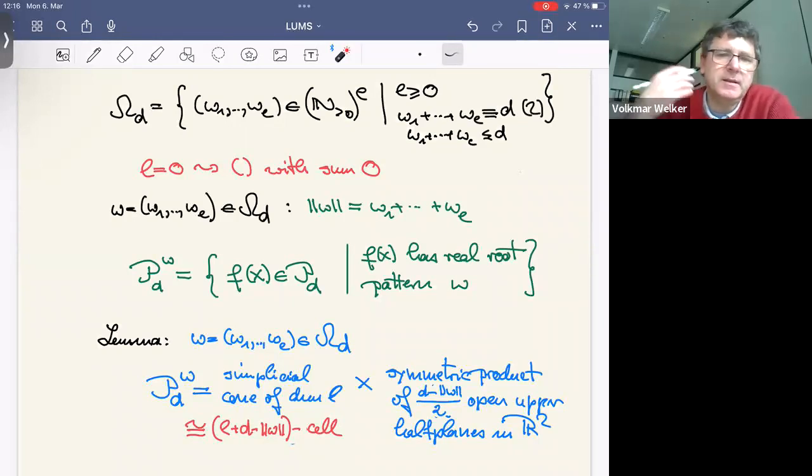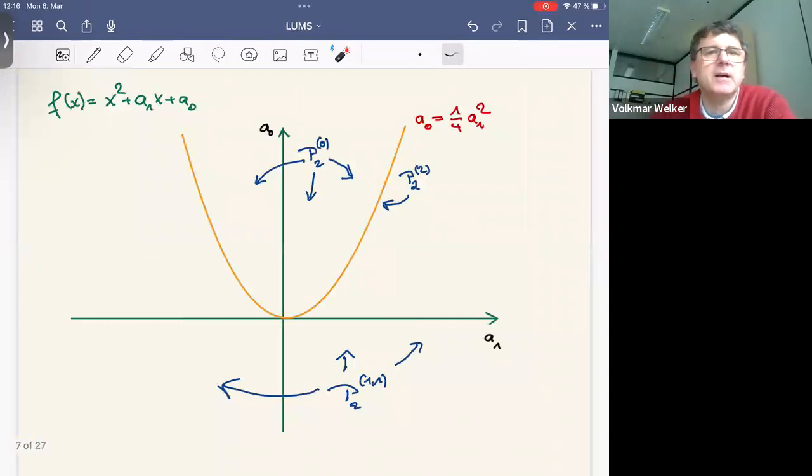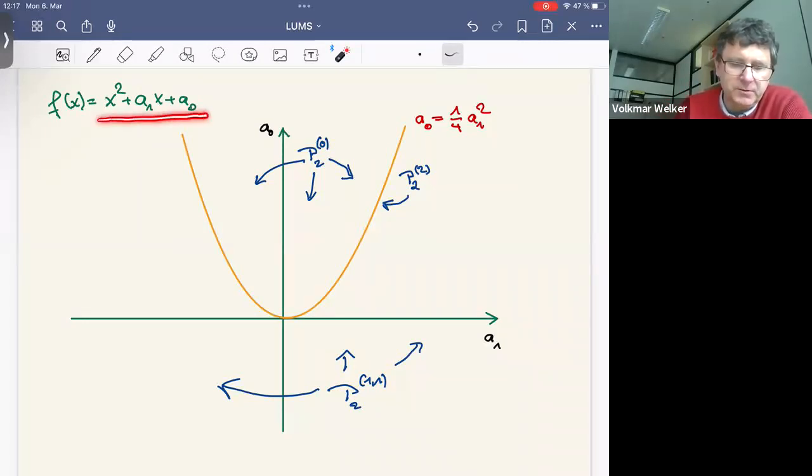Okay, so this allows you now to define a very nice cellular stratification of your space. And I have a very simple calculus high school example for that. So look at the polynomial of degree 2. So d is now 2. We have 2 coefficients. We write this coordinate axis, which we label with a1, the coefficient of x, and this coordinate axis we label with a0.